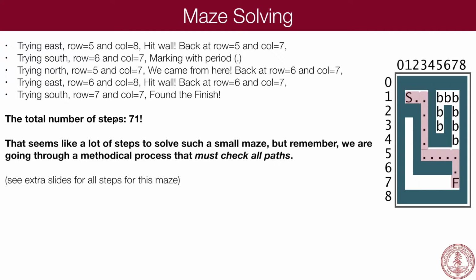It seems like a lot of steps. The good news is computers are pretty darn fast. So you can see how it will actually solve the maze, but it's doing it in a way that's systematic, which doesn't necessarily lead to a particularly fast solution. Okay, so that's maze solving.